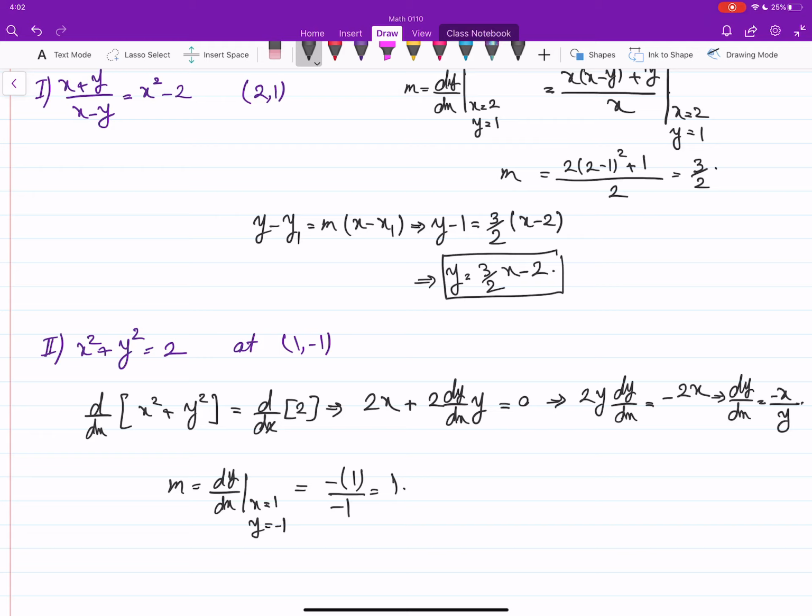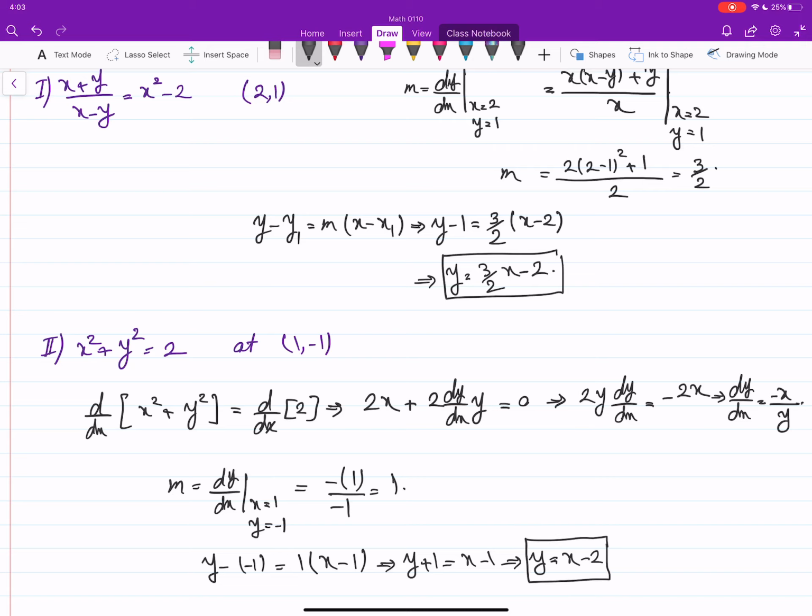And then the point is (1, negative 1). So y minus y1 equals m times (x minus x1). This is y plus 1 equals x minus 1, and that gives us y equals x minus 2.